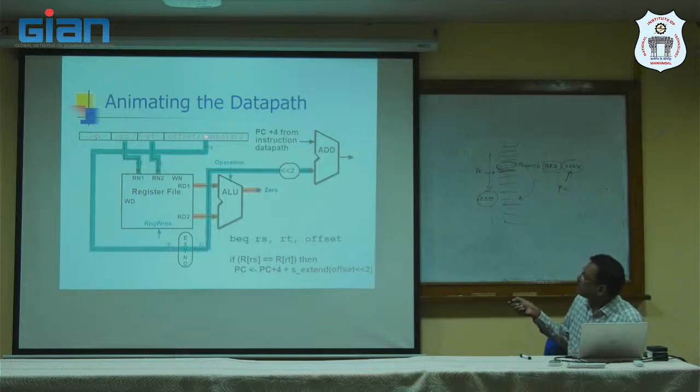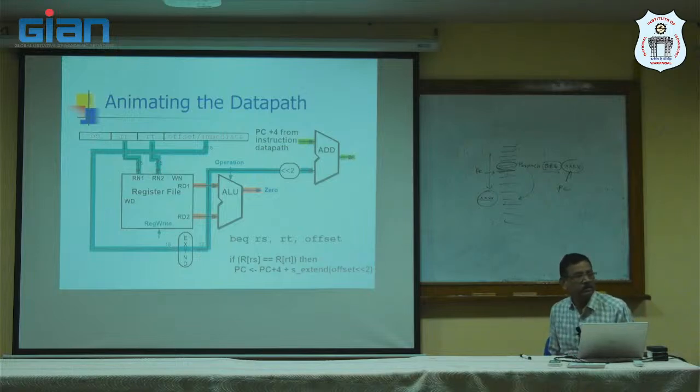Then the immediate address, the offset number, is sign extended to 32 bits. Then it is shifted left by 2 to increase the range of the address, and then added to PC plus 4. That is the target address, and the branch will take place to this address.